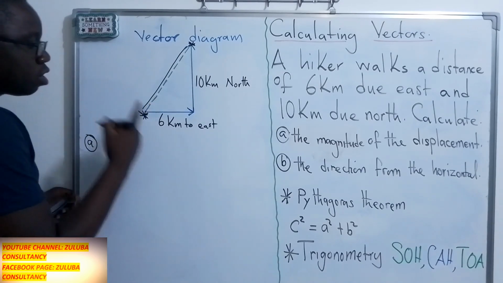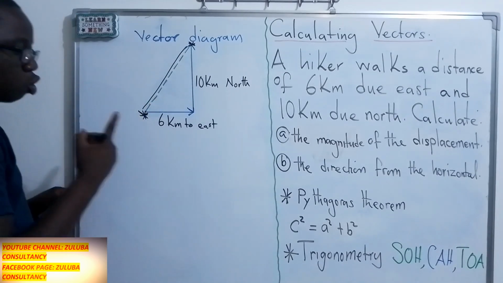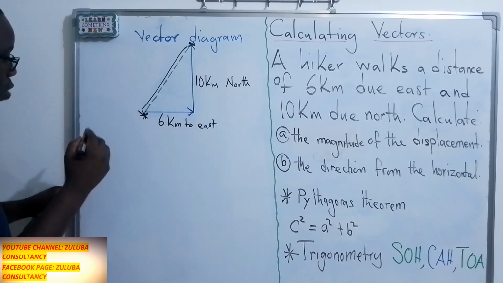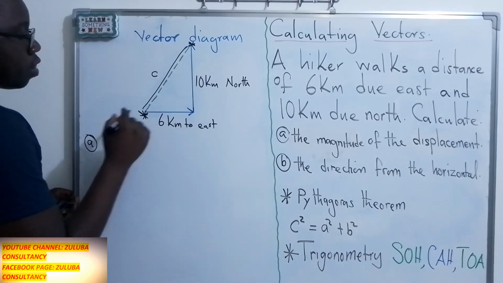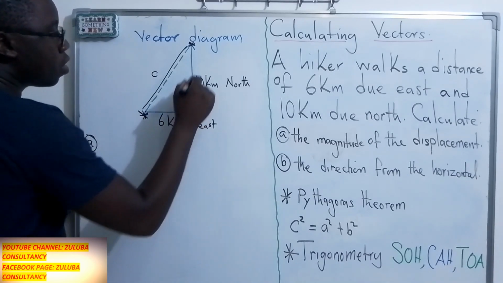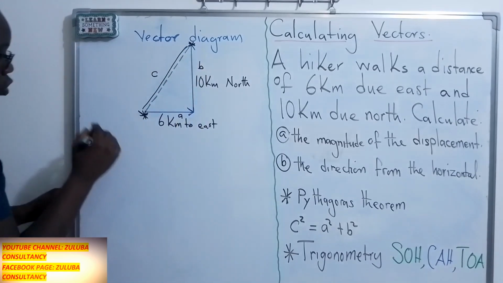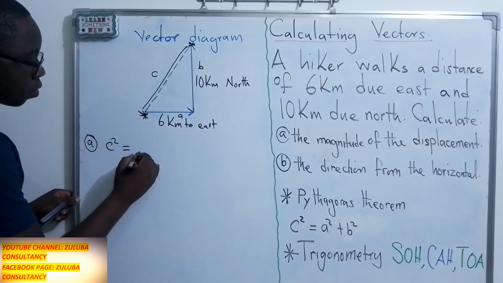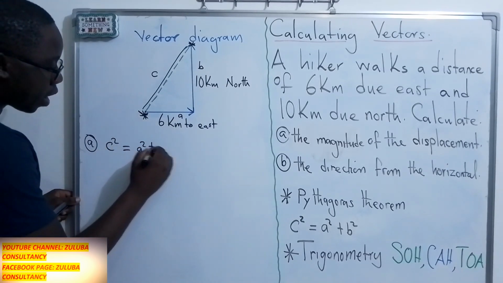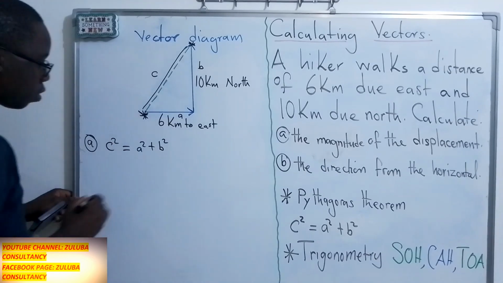Now, this is where the Pythagoras theorem comes in, where we say this distance here stands for c, then this is a, then this is b. So c squared is equal to a squared plus b squared.